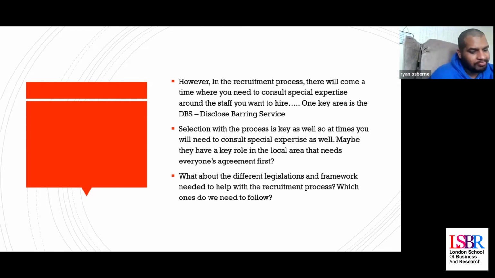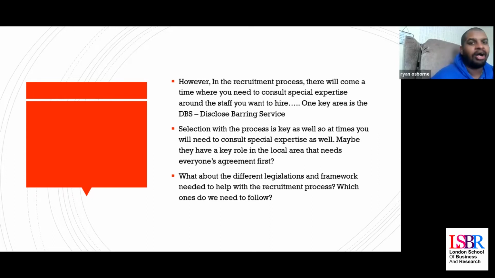So that's basically the different types of legislations and frameworks that you need to address. Let's now look at another piece of framework within the recruitment process, which is GDPR, the General Data Protection Regulation.